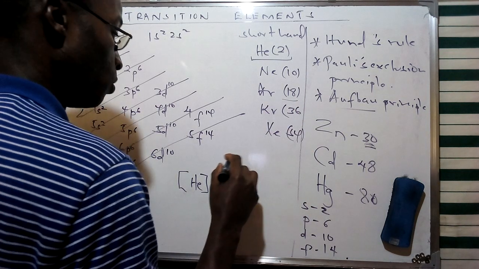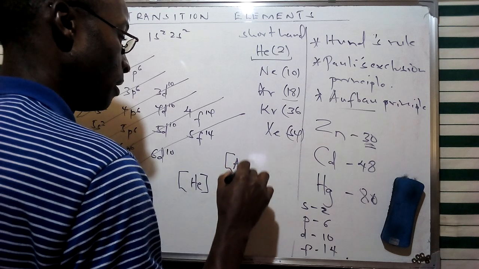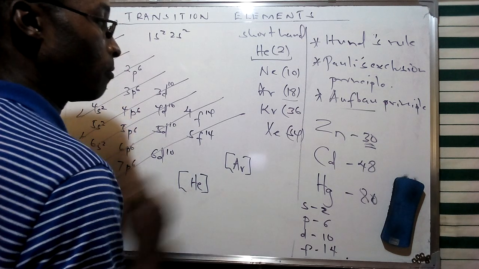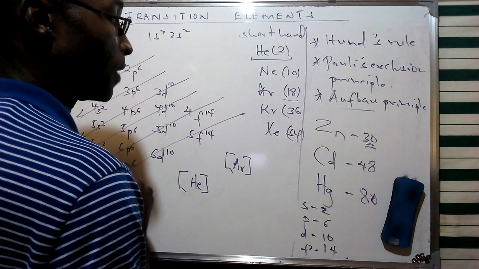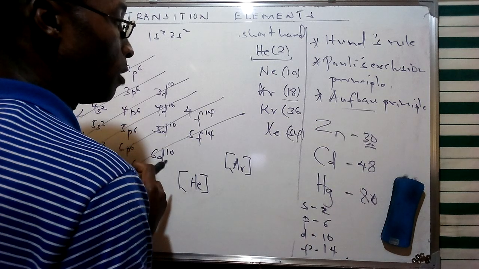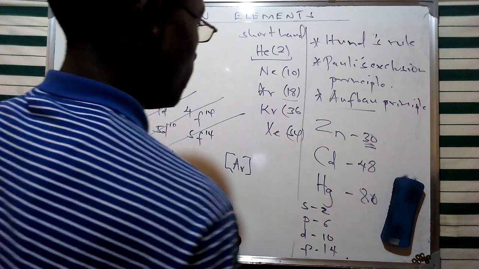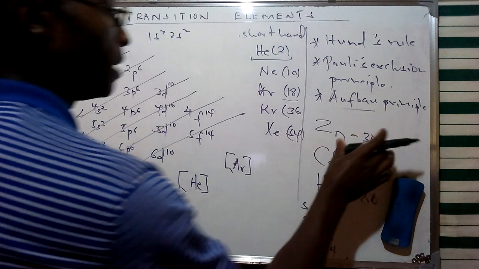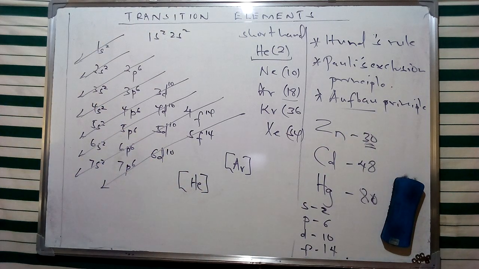The difference between the number of electrons for argon, which is 18, and zinc, which is 30, is 12. So we're going to fill the remaining orbitals according to the energy levels which I've assigned.